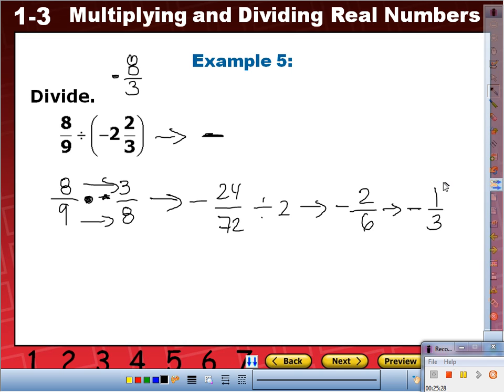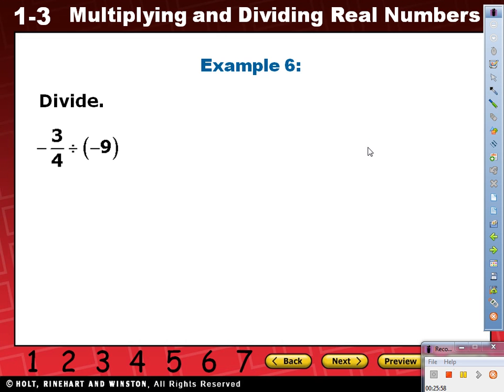Negative 1 over 3. Yes. Oh, divide by 12. I did that if you were paying attention. All right, example number, yeah. 3 over 8. It was 8 over 3. What is the reciprocal? Don't we just flip it?